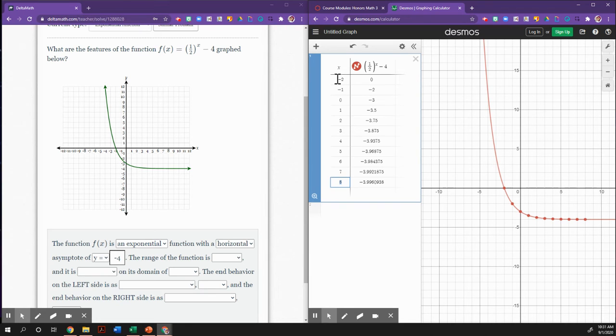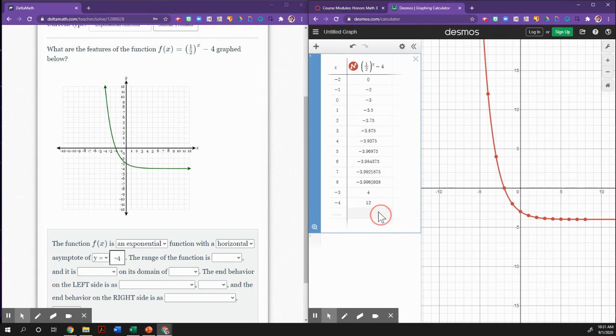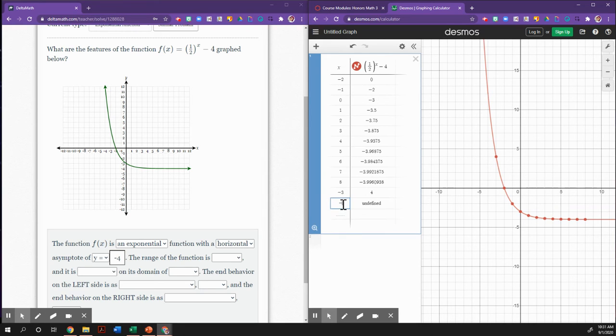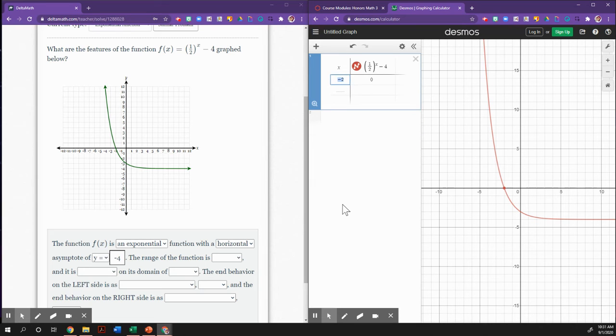And then if I were to go the other way, instead of -2, type -3. If I type -4, now I know my table is upside down, but let's do this. If I delete, let's get some smaller negative numbers in there.